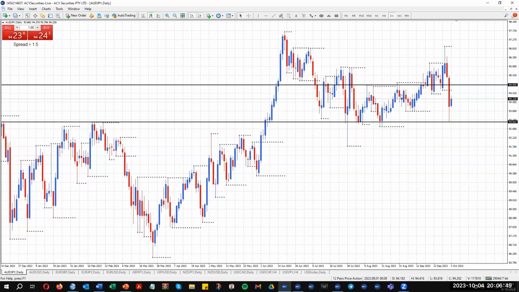We were kind of in the middle of the range. We came down and put a low in here. Now, if you look left, there was another little area of support that got broken, but we held here. So really the market started to maybe hold at this level. And that comes in at 93.568.